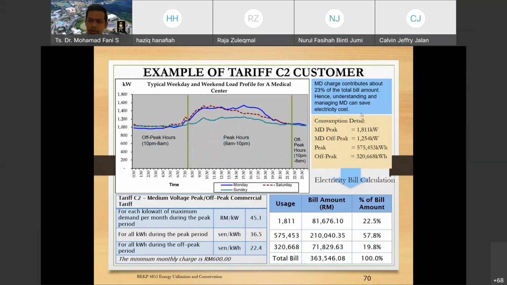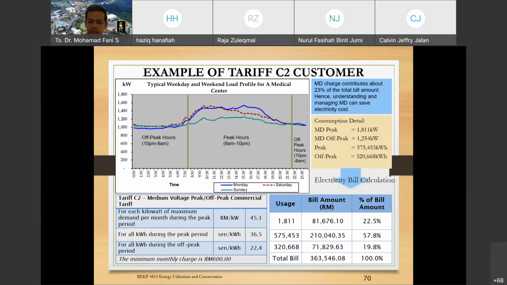I need your answer if this consumer or hospital wants to convert to C1. Make a comparison between the total bill for C2 currently, and if this hospital wants to switch their tariff from C2 to C1.